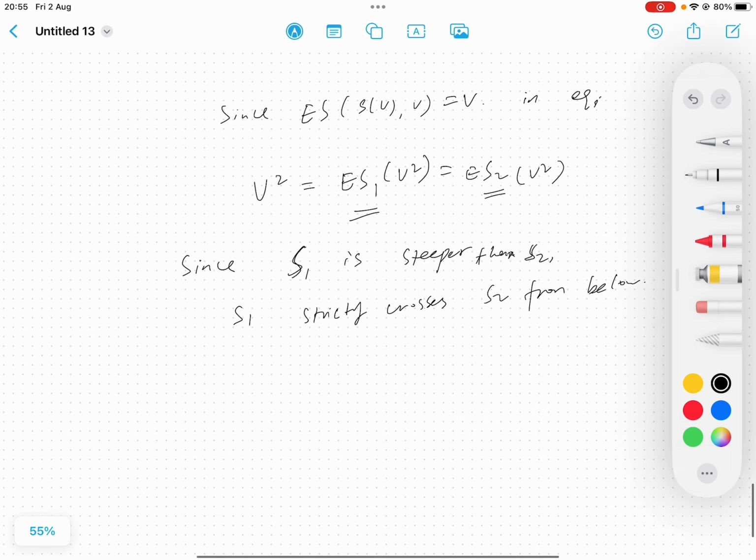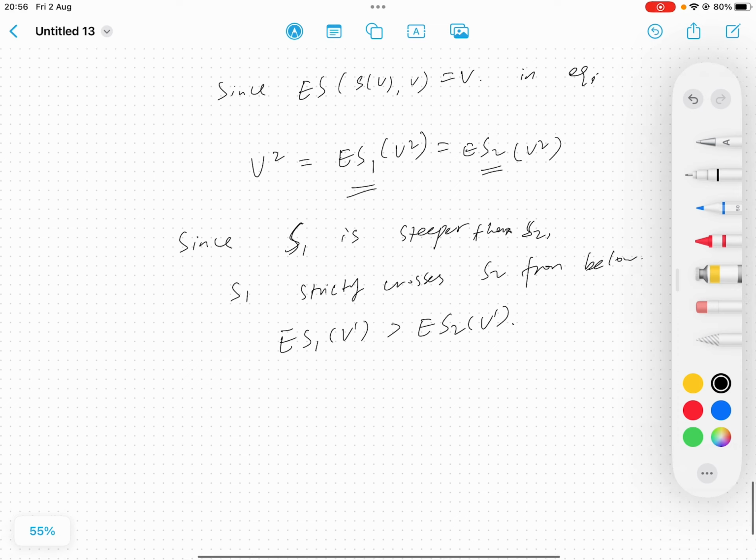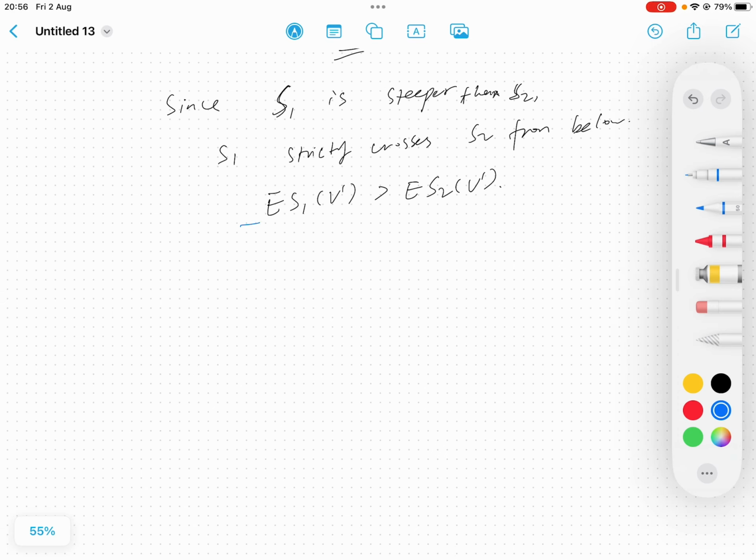So this means that ES1 V1 must be bigger than ES2 V1. And why is that?